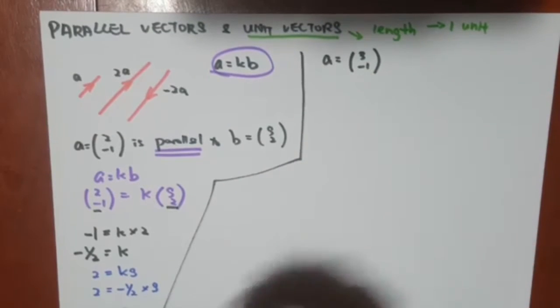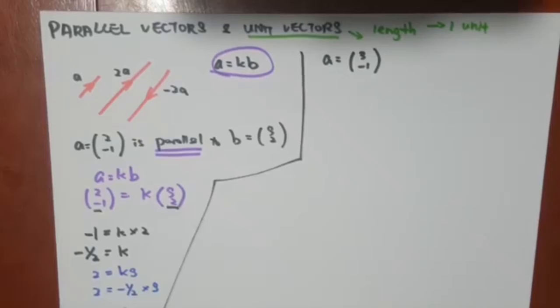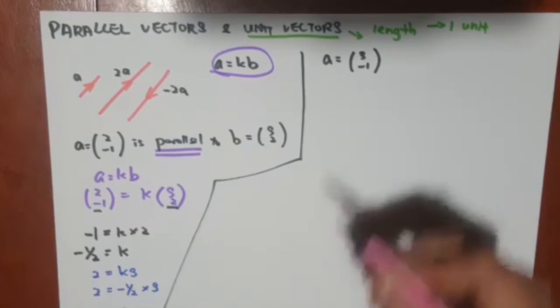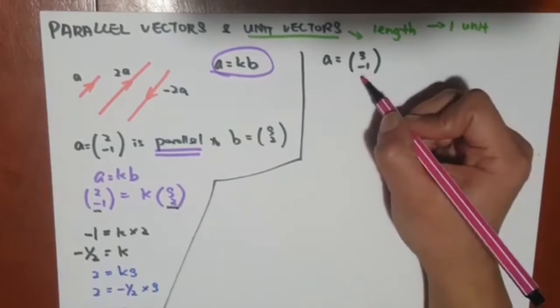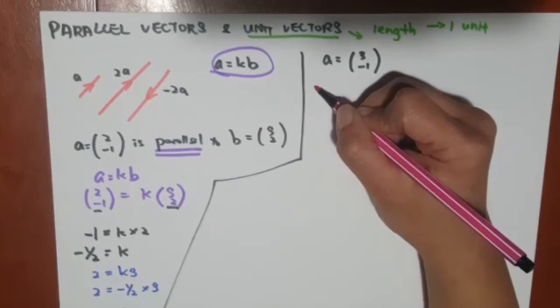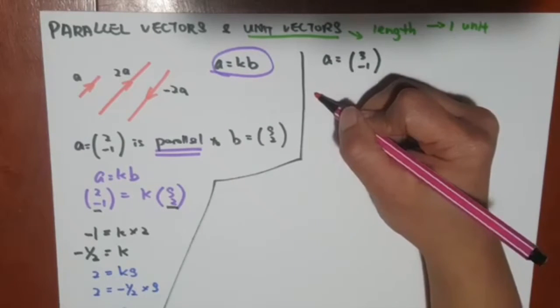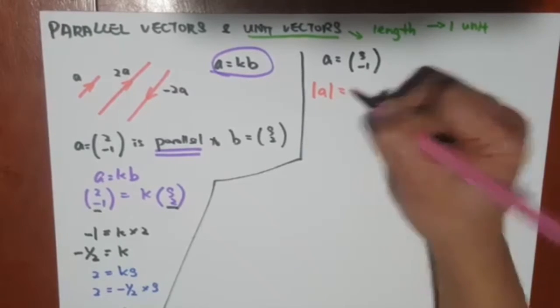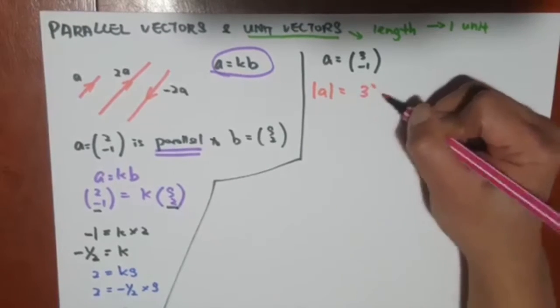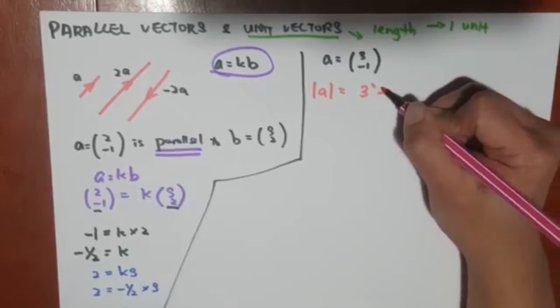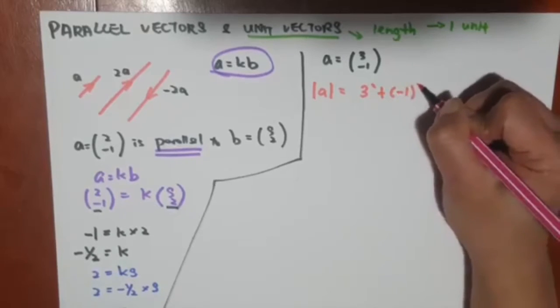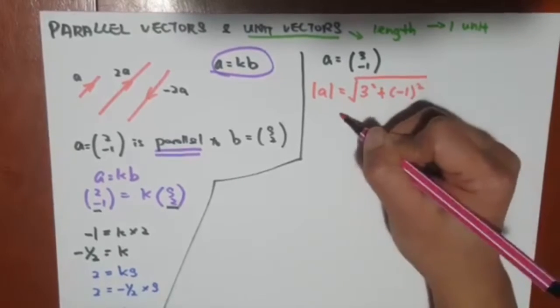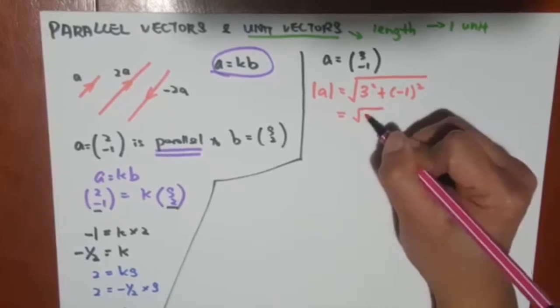The first step is to know the actual length of the vector. The actual length of the vector can be found by finding the magnitude, which we have learned earlier. We have 3 squared plus negative 1 squared, and take the square root. So this will give us square root 10.